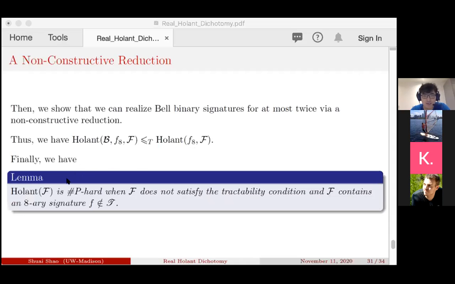Finally, we can show that this Holant problem, specified by a signature set F that does not satisfy the tractability condition and contains a signature of arity 8 that is not in T, is #P-hard. So now we are also done for the case of arity 8 signatures.